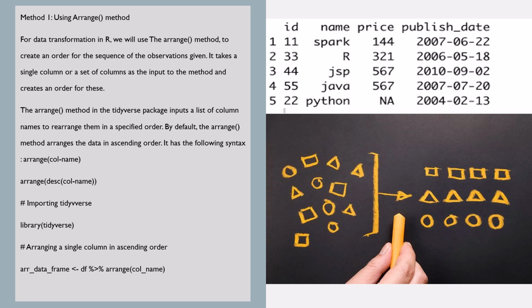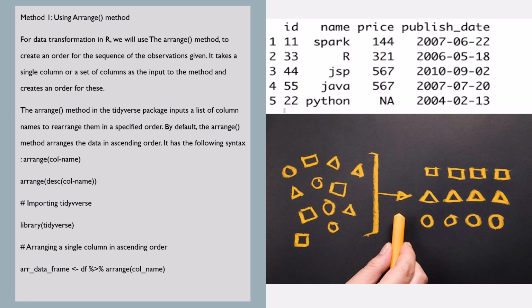For example, in the picture above, if you want to sort by ID starting from the smallest to the largest, you would use the arrange method here. Or if you want to sort from the biggest to the smallest, you would still use the arrange method and specify if it's descending or ascending. By default, it will arrange in ascending order.